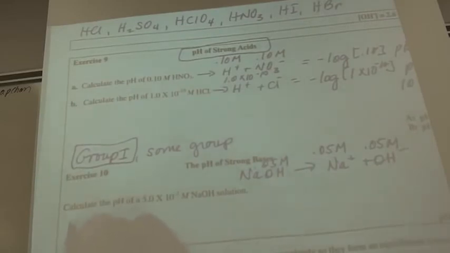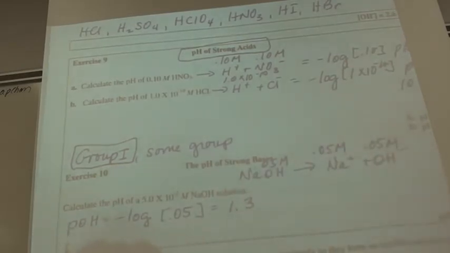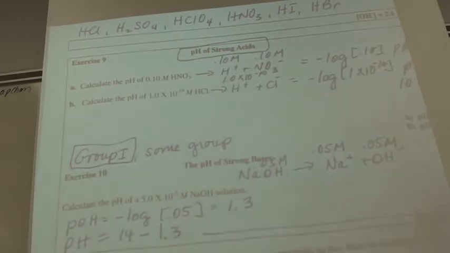From that, you calculate the pOH. pOH is equal to the negative log of 0.05, which is 1.3. The pH is equal to 14 minus 1.3, which is equal to 12.7.